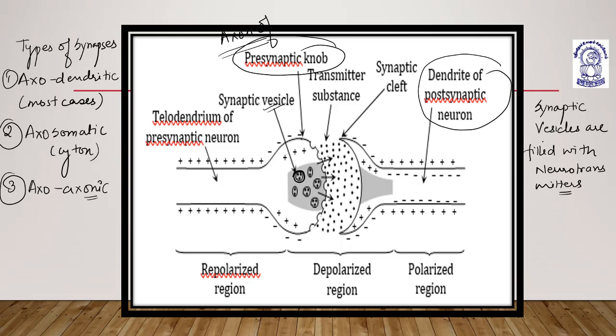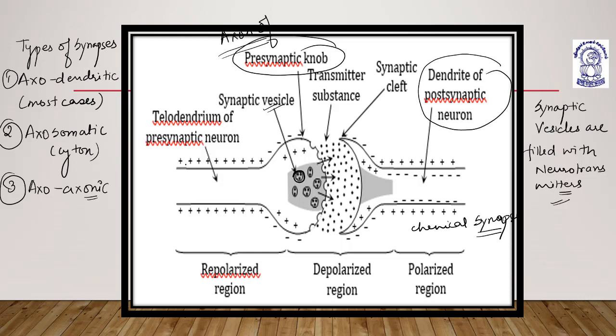Chemical synapses are more advanced than electrical synapses because they help in both excitation and inhibition. So these are chemical synapses. The synaptic vesicles are filled with neurotransmitters.